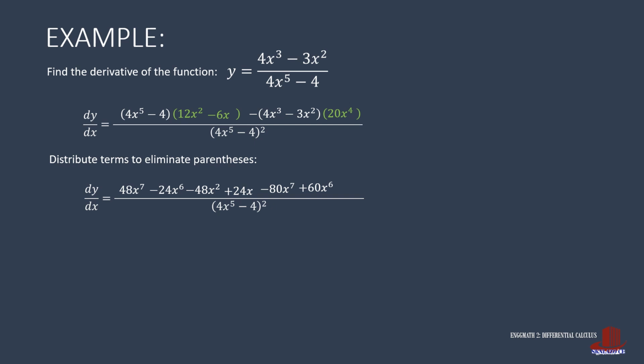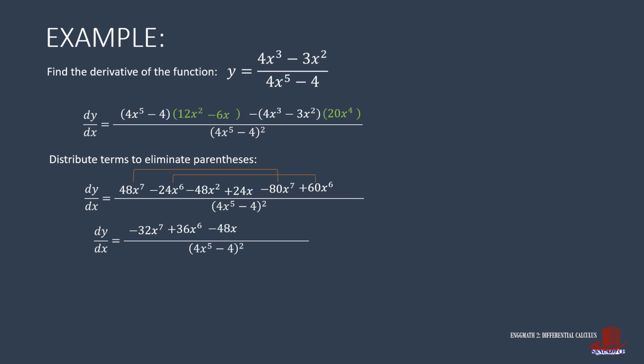With groupings out, collect similar terms, starting with 48 minus 80 of x raised to 7, giving negative 32x raised to 7. Next is negative 24x raised to 6 with positive 60x raised to 6, resulting to 36x raised to 6.